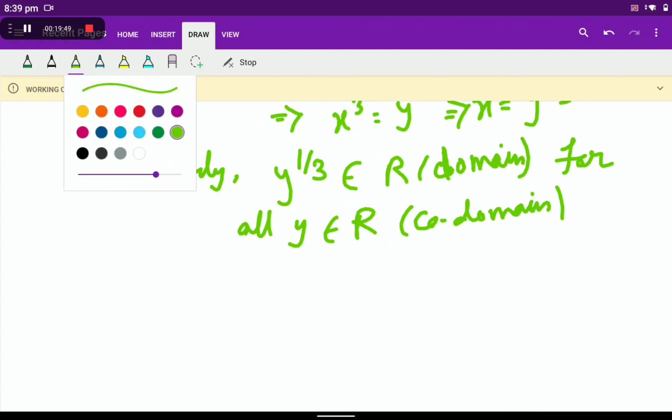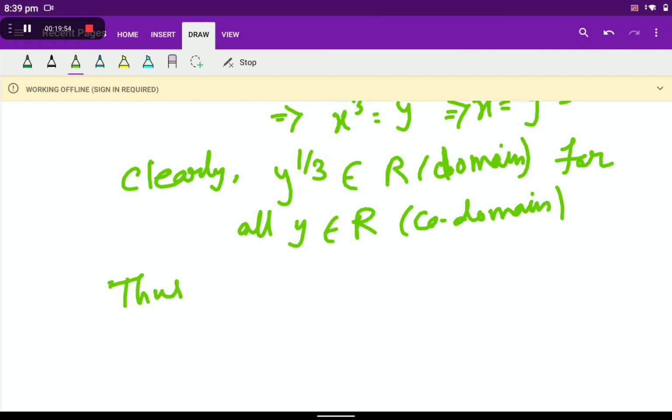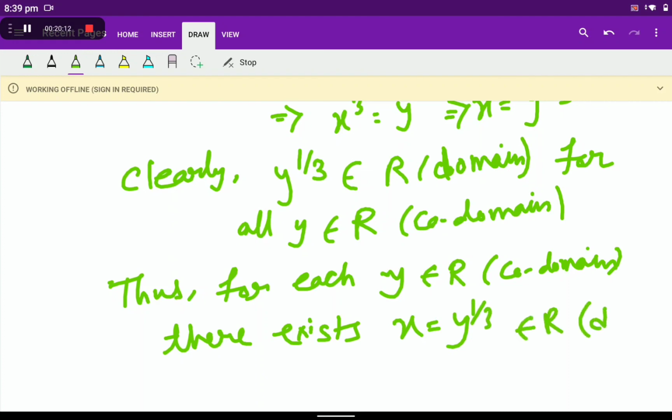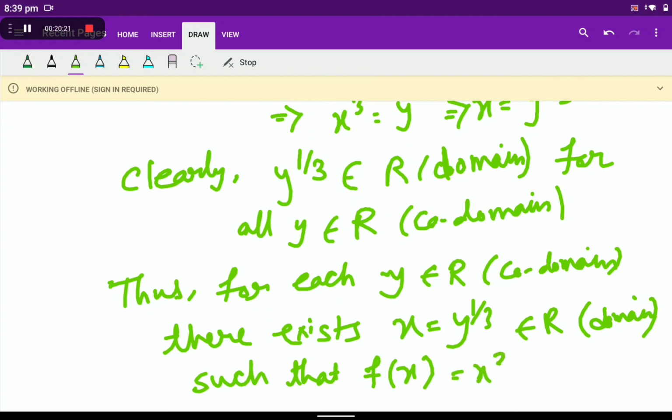So finally, thus for each y belonging to R, that is the codomain, there exists x equals y to the power 1 by 3 belonging to R, that is the domain, such that f of x equals x cube equals y.